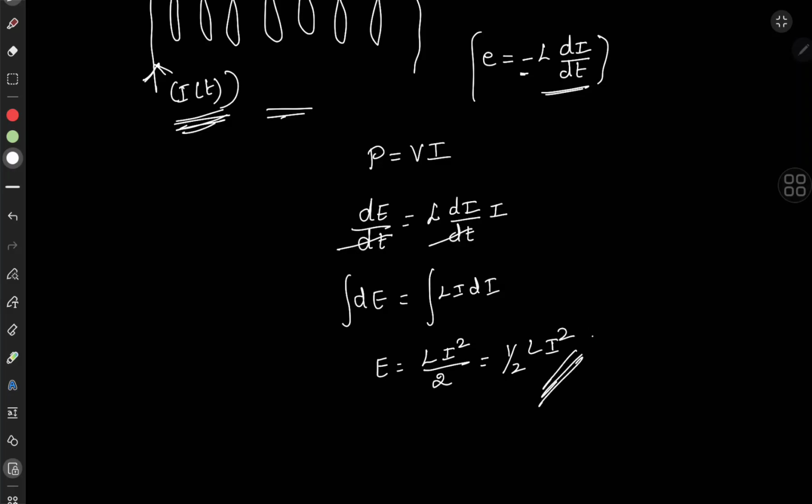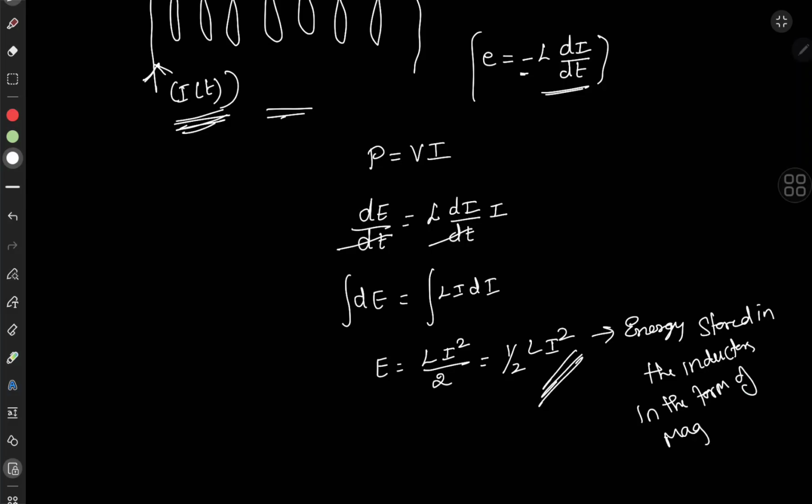This is the energy stored in the inductor in the form of magnetic field.